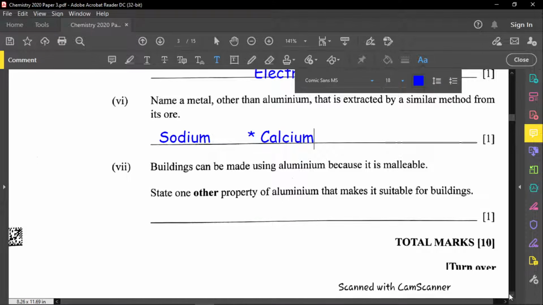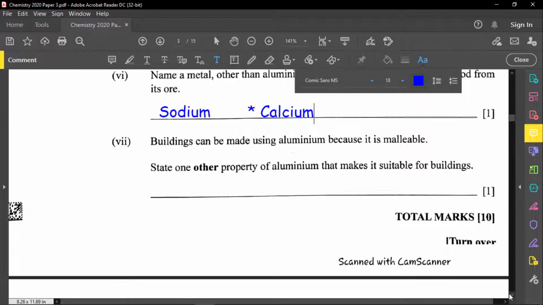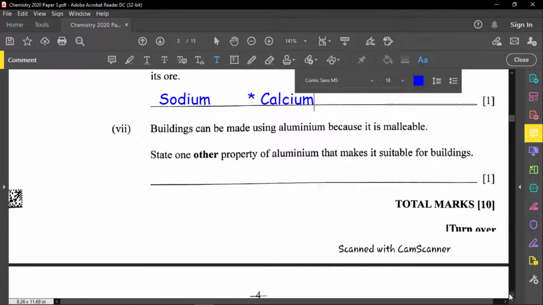For part 7, it says buildings can be made using aluminum because it is malleable. That means it could be in a different shape or different shapes. State one other property of aluminum that makes it suitable for buildings. One main good reason right here is because it can reflect light. It's shiny, so it reflects light.